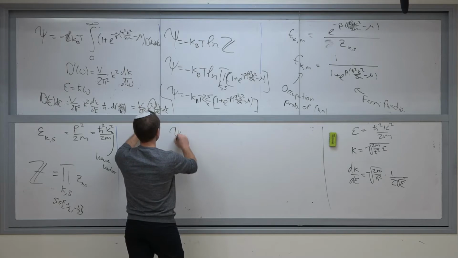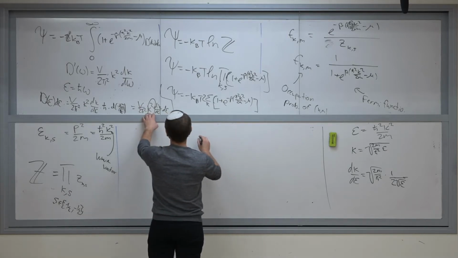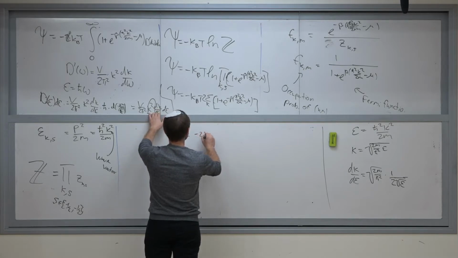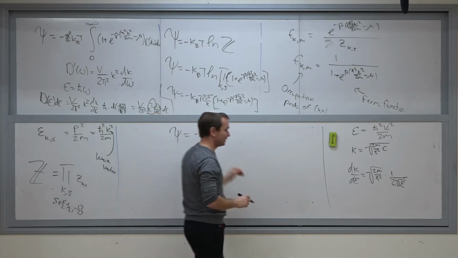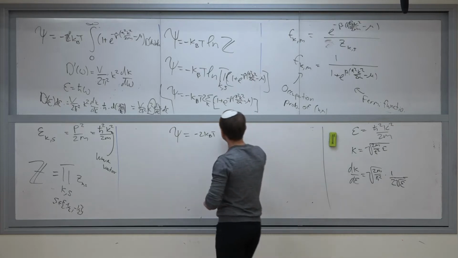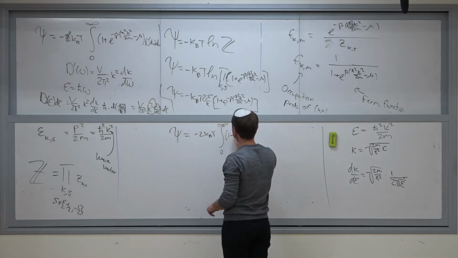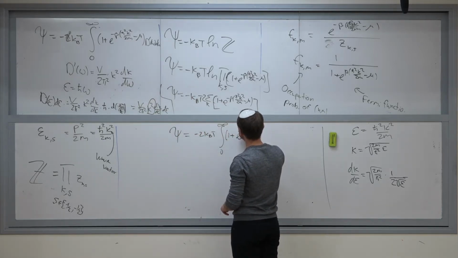So psi equals minus 2 k Boltzmann T, an integral between 0 and infinity of this form over here, which is 1 plus e to the minus beta.